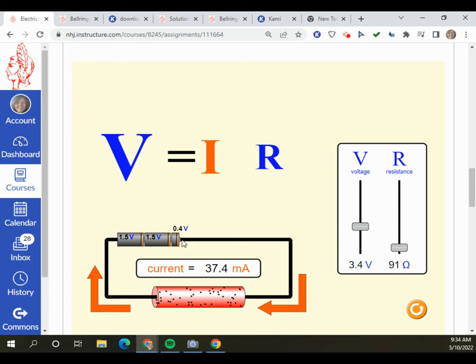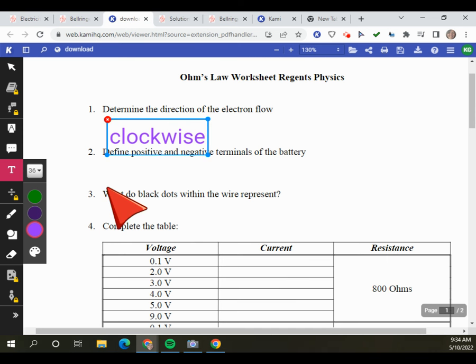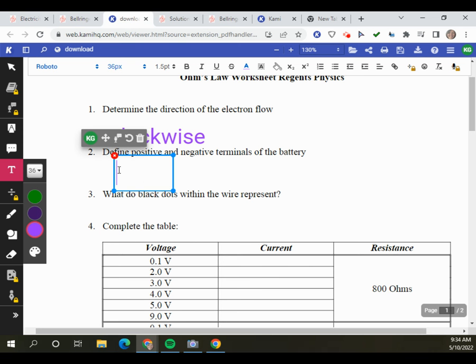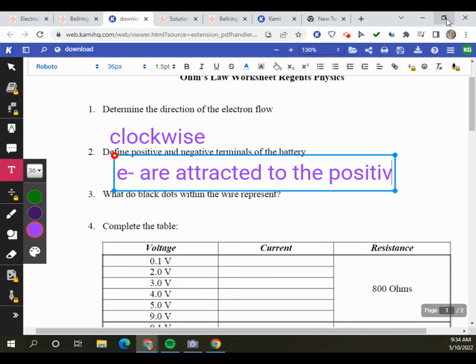And that's a really important part of electricity: electrons are attracted to positive charge. So instead of trying to describe it, we're just going to put that. Electrons are attracted to the positive end. And that's all we have to put for my purposes anyway.